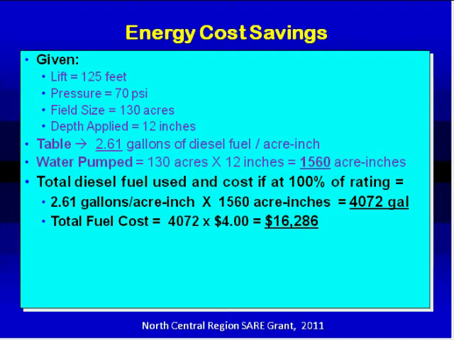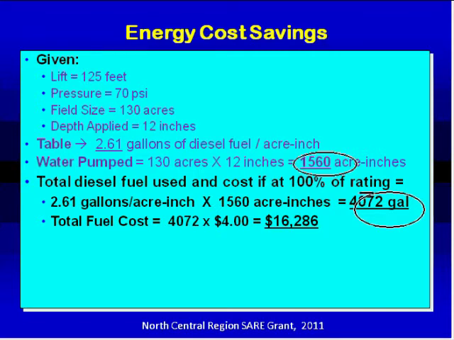So if we do that, then we're going to come up with a number here of 1,560 acre inches. That's 130 acres times 12. That's the total number of acre inches we're pumping with our irrigation system on an annual basis. If we then take the 2.61 gallons per acre inch requirement times that value, it tells us we should be able to pump that irrigation water for usually 4,072 gallons of diesel fuel per year.